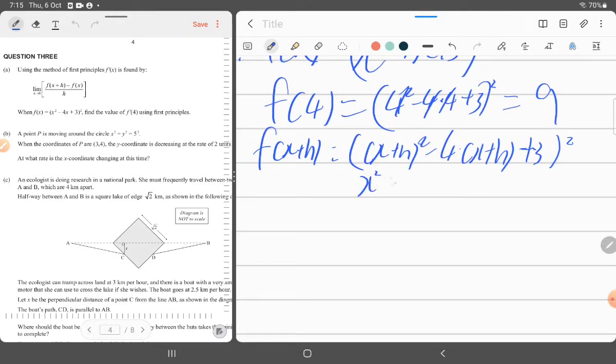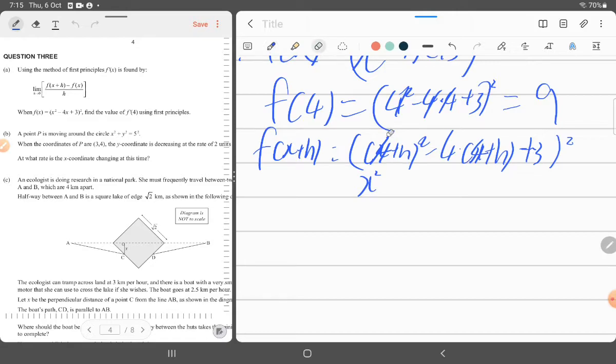Oh no, we put 4 in here, because we want f of 4.